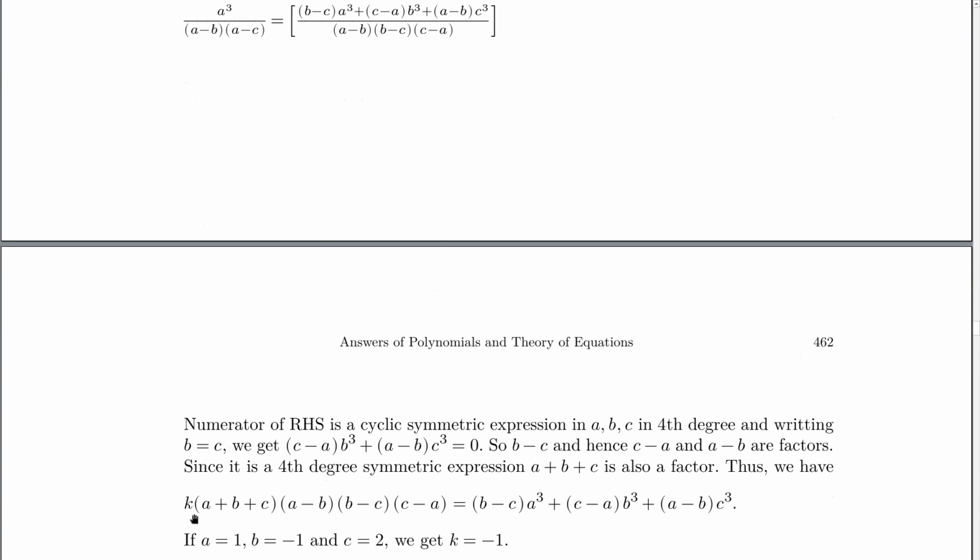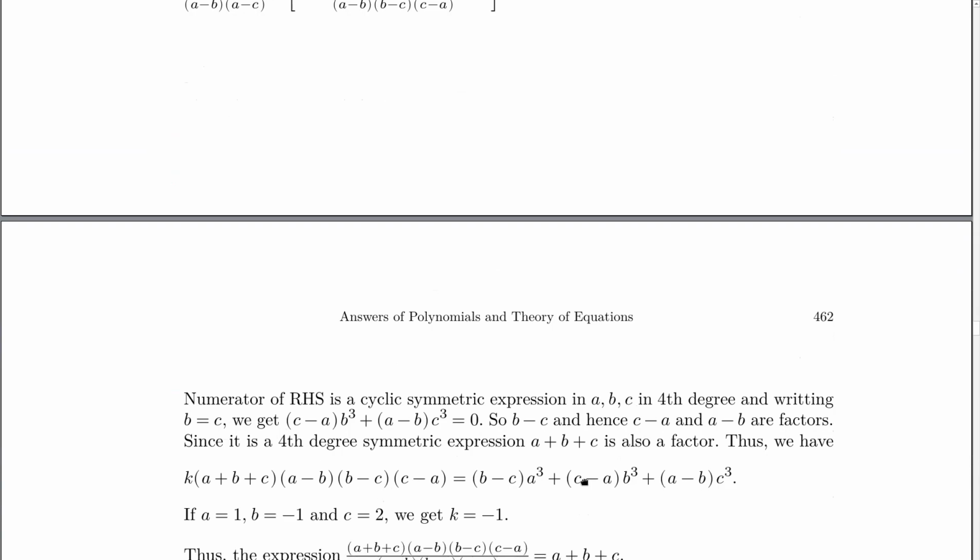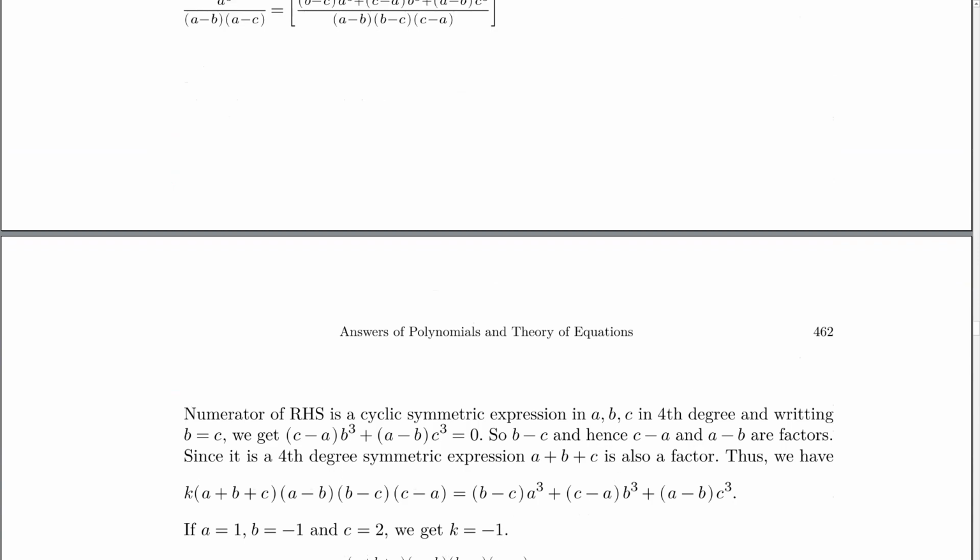Thus we have k(a+b+c)(a-b)(b-c)(c-a) = (b-c)a^3 + (c-a)b^3 + (a-b)c^3. Now we put a = 1, b = -1, and c = 2. We get k = -1, and thus we have the expression here, which is valid.